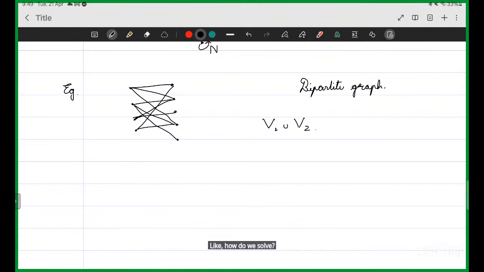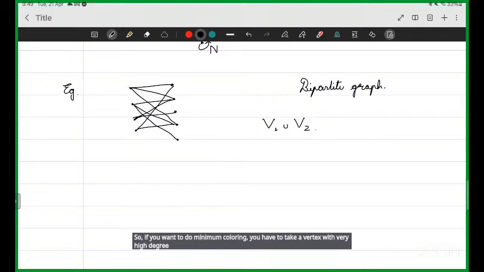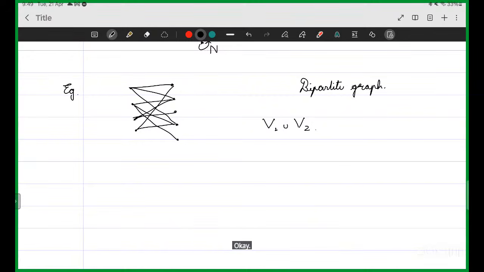If you want to do minimum coloring, you have to take a vertex with very high degree, because if you assign one color to that, that color cannot be assigned to anything else. All of its neighbors can be given another color.